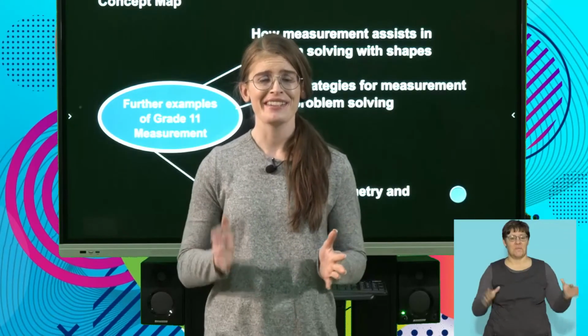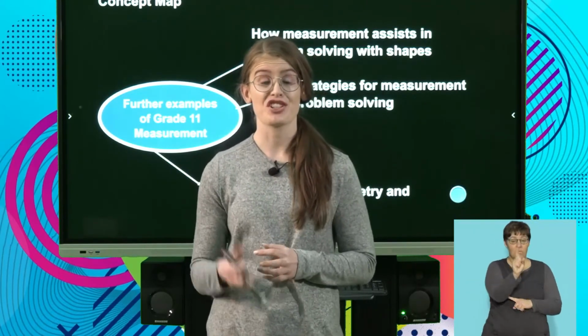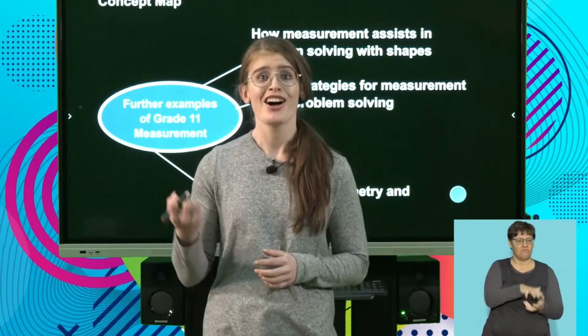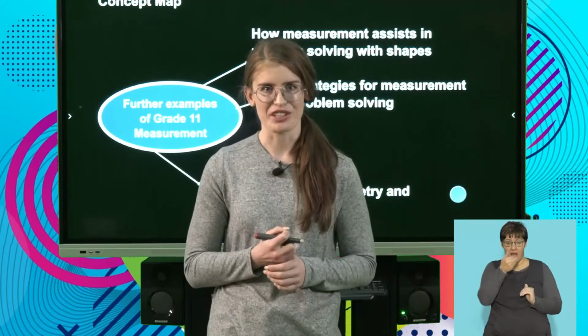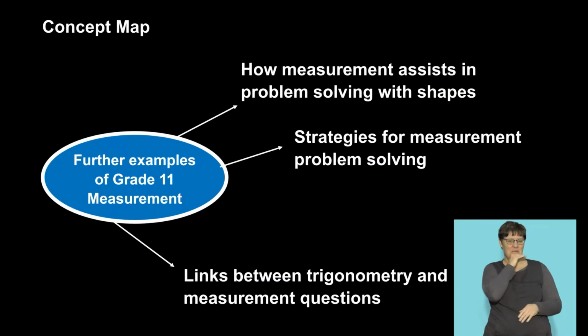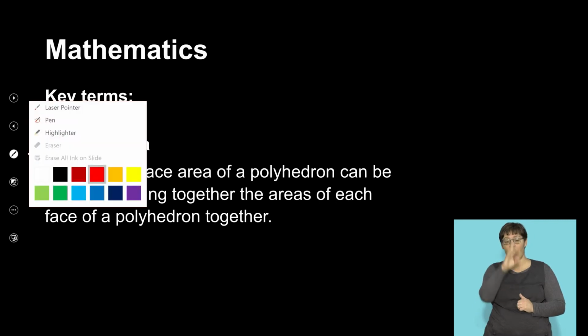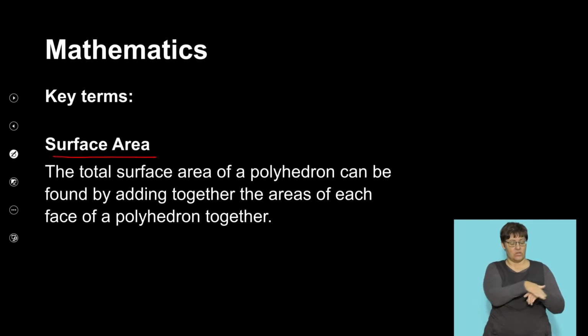Welcome back, everyone. In this segment of the lesson, I'm going to remind you again of the definitions of volume and surface area. After that, we're going to dive into some more examples. Let's go to the first definition. So, just a reminder about surface area. We know that the total surface area of a polyhedron can be found by adding together the areas of each face of the polyhedron.